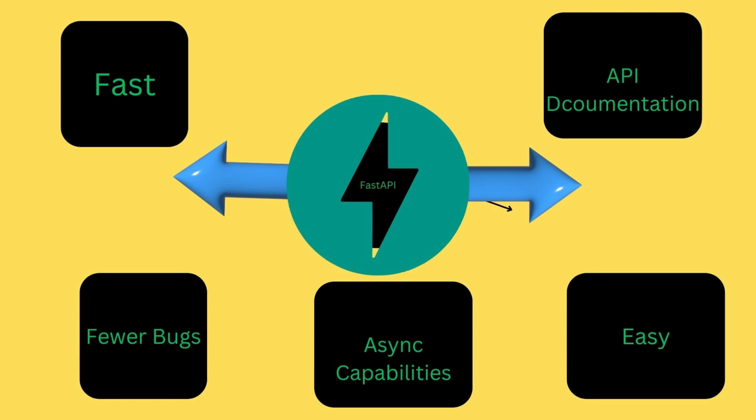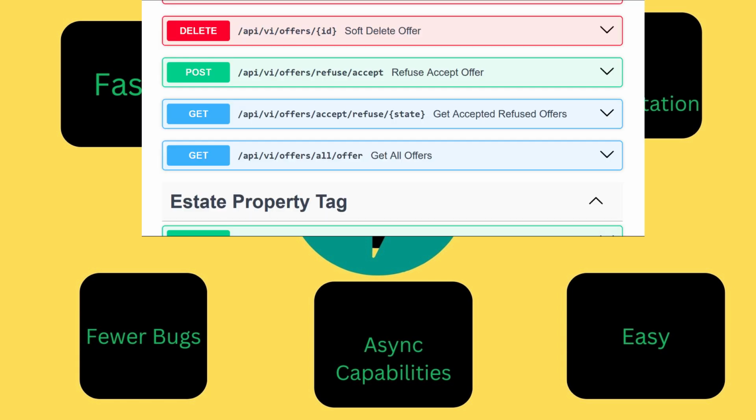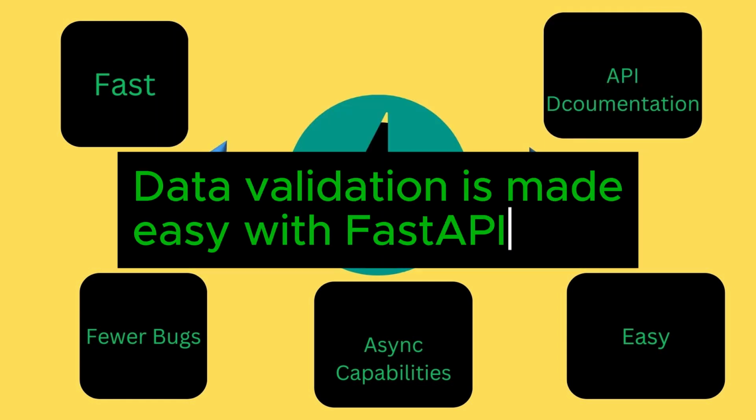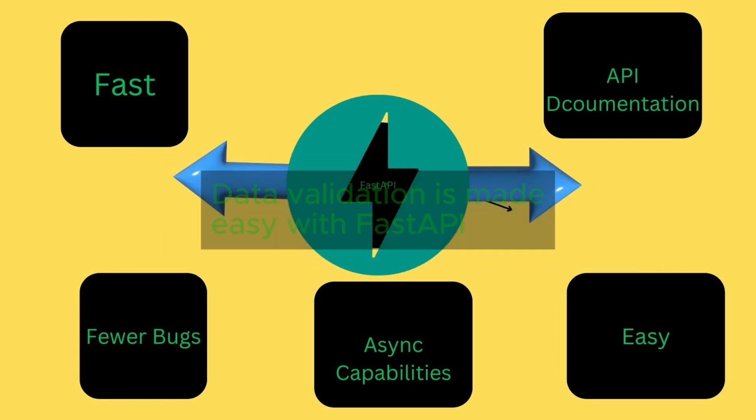Automatic interactive API documentation. With FastAPI, you get interactive API documentation out of the box. It uses Swagger UI and ReDoc to create beautiful, interactive documentation for your API. Type hints and data validation. FastAPI uses Python type hints to validate request data and format responses effectively.